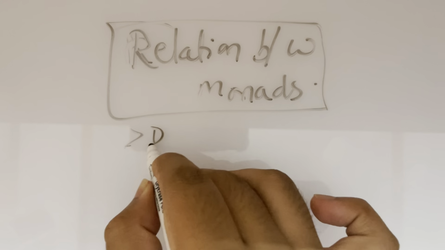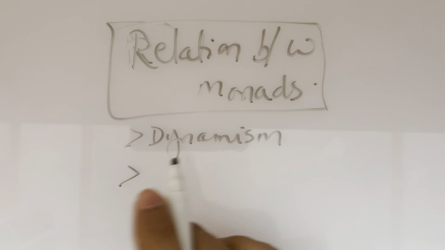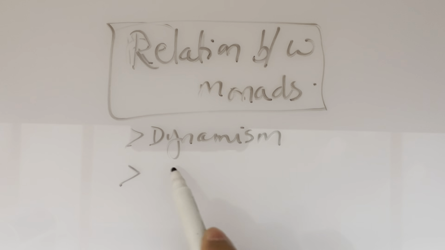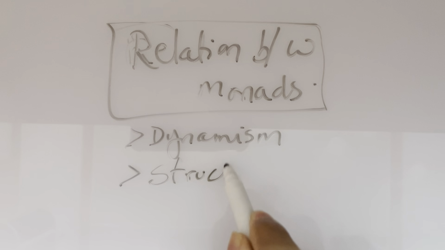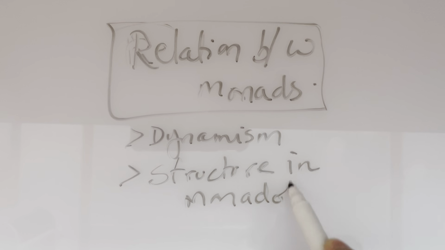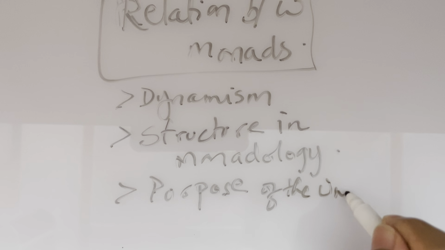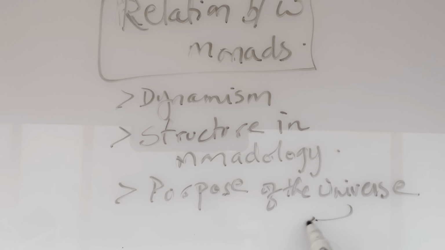The aim of proposing relation between monads is to explain dynamism and to explain the entire structure in monadology, the entire purpose of the universe as a whole, which logically implies the purpose of each monad.